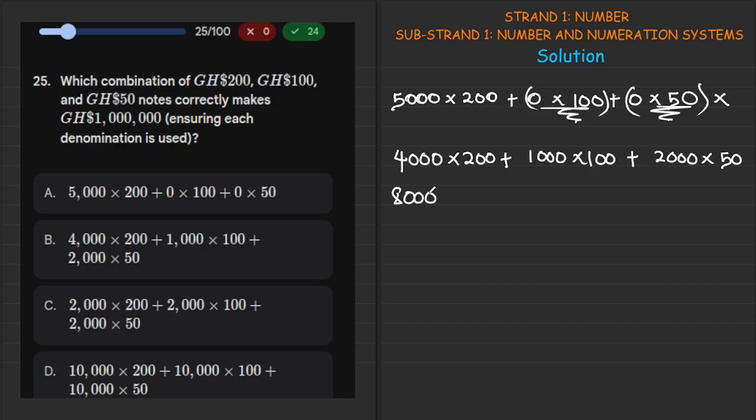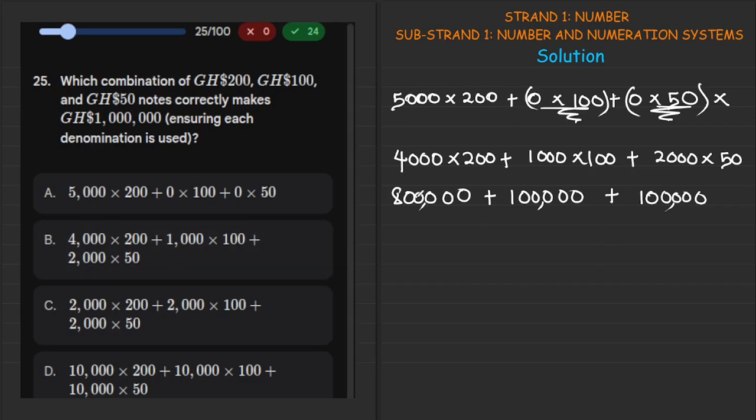That is 800,000. Then we come to 1 times 1, so plus 1. Then we add the zeros. So there are 5 zeros in total. Then plus 2 times 5, which also gives us a 10. Then we add the remaining zeros.